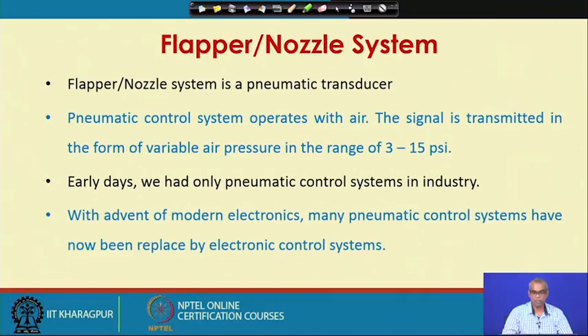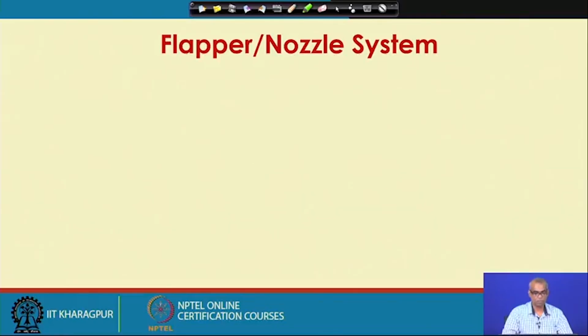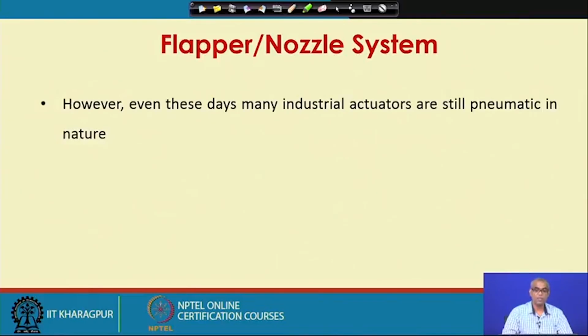With advent of modern electronics, many pneumatic control systems have now been replaced by electronic control systems. However, even these days many industrial actuators are still pneumatic in nature. So, pneumatic transducer flapper nozzle system is an important component.